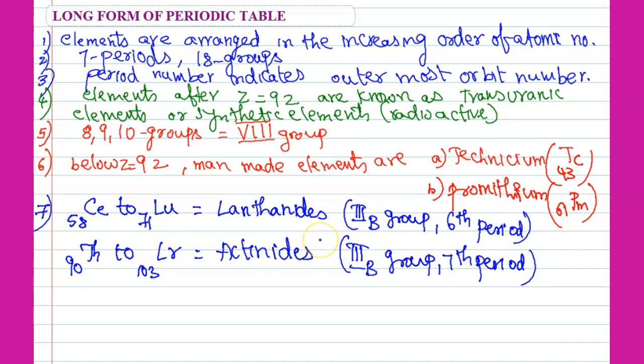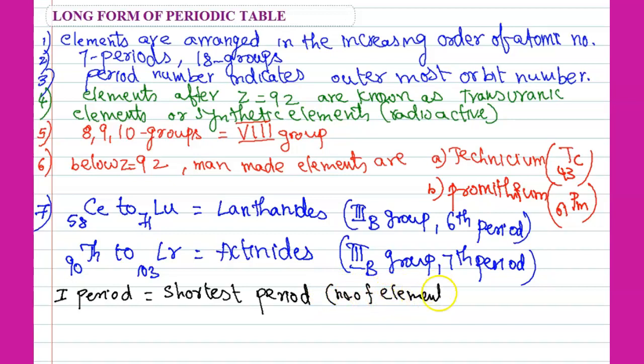And also here, students, in the periodic table, the first period is known as the shortest period, very short period, because the number of elements is 2, hydrogen and helium.